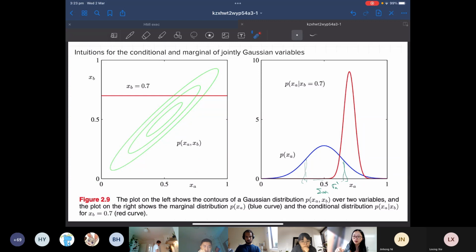The picture on the right shows essentially the reduced dimension view. It shows the intersection, basically the marginal distribution of xa, which has a larger variance than the conditional distribution of xa given a particular xb.